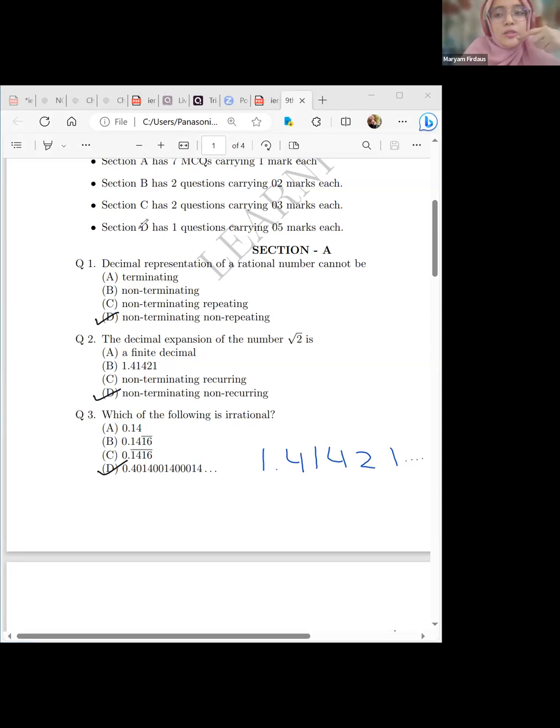If there were dots, this means that it is non-terminating. If there is a dot, it means it is going on forever. But this over here has very clearly terminated, it has stopped. Since it has stopped, that means it is not an irrational number. It is a rational number, right? So this can't be it. Then it's a terminating number. So √2 is going to be non-terminating, non-recurrent.